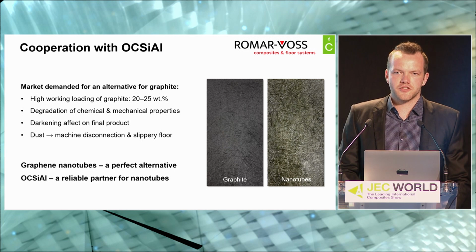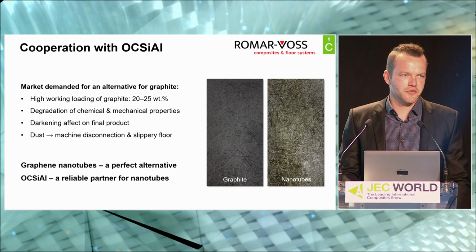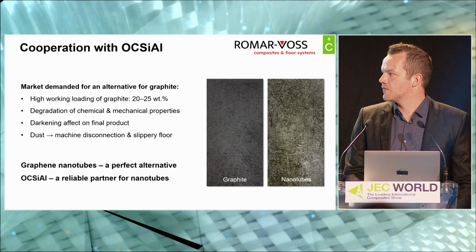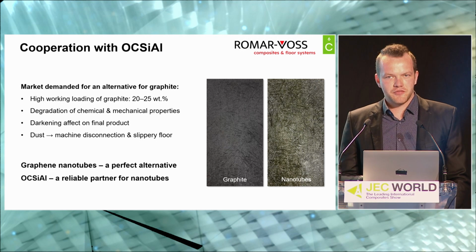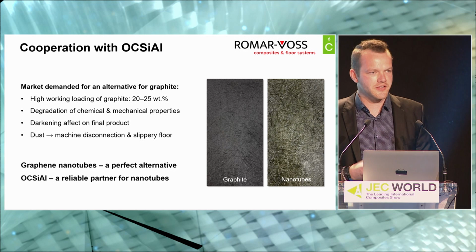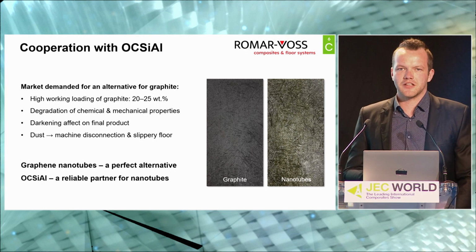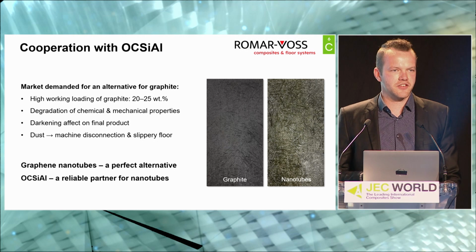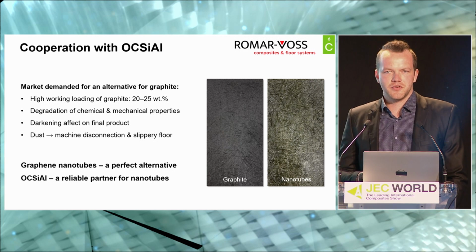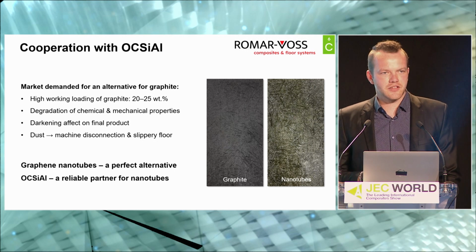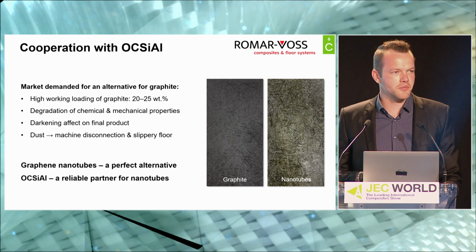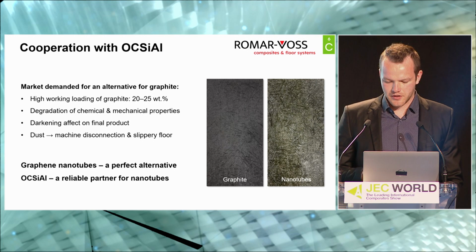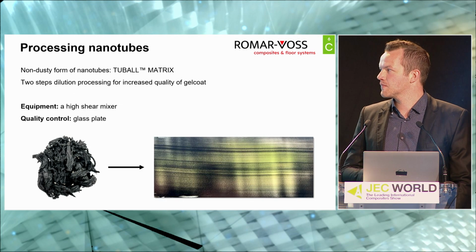This also causes some darkening of your final color, like you see on the right side. And also when manufacturing the graphite into your products, it can cause some machine disconnection and a slippery floor. So that's why we are using the graphene nanotubes from OCSiAl for all our conductive product range.